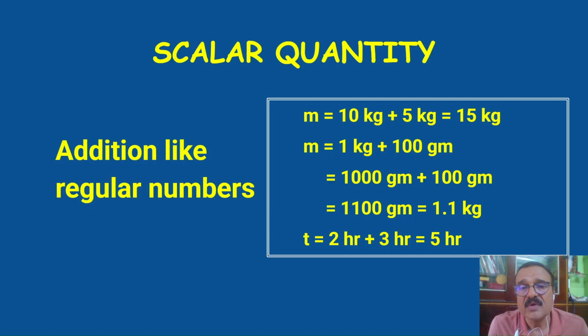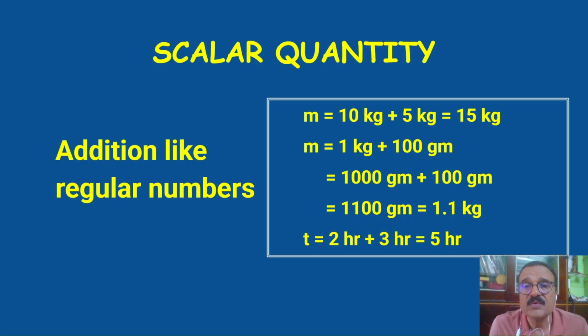Here mass M1 is 10 kg and mass M2 is 5 kg, added and resulted in 15 kg total mass M. Whereas 1 kg mass is added to 100 gram. That has resulted in the addition of 1 kg as 1000 gram plus 100 gram results in 1100 gram. That is nothing but 1.1 kg.